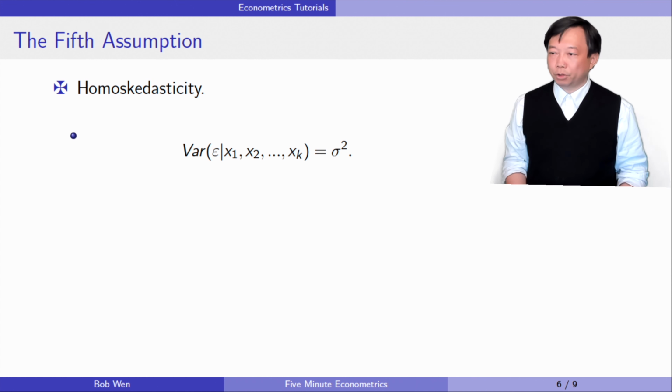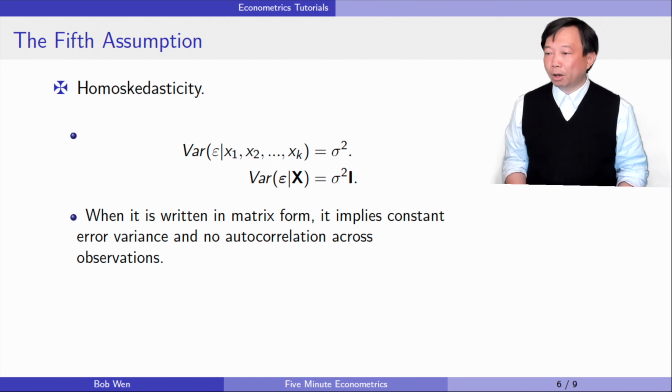The 5th assumption is the homoscedasticity assumption. The error term epsilon has the same variance given any values of the explanatory variables.